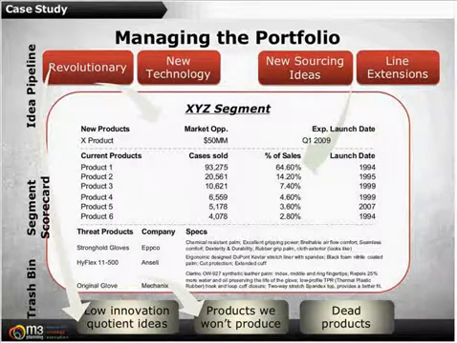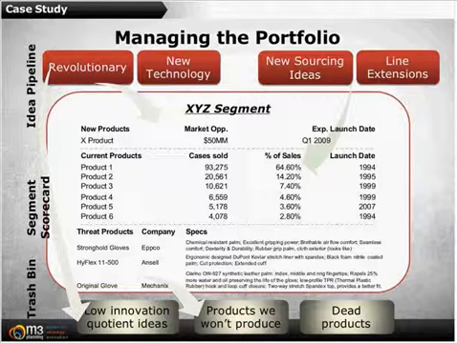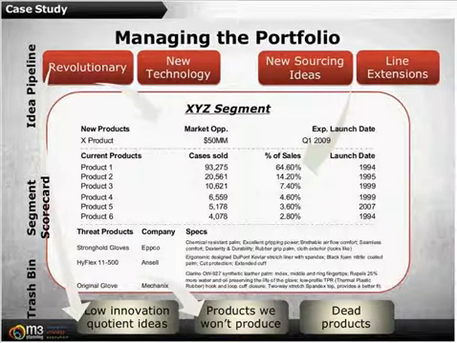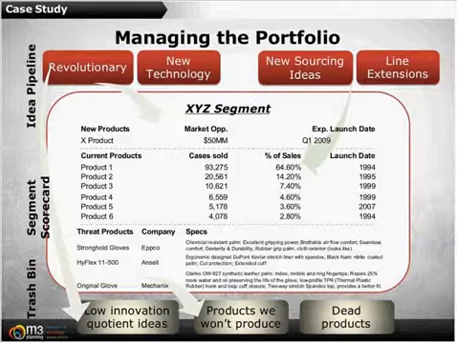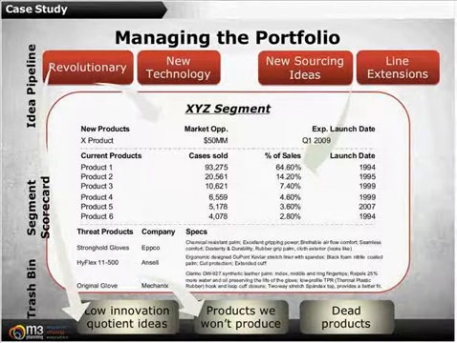And we have our idea pipeline, which goes back to our first phase of the innovation process. Of course, we have some ideas that are revolutionary, some that are new technology, some are new sourcing ideas, and some are line extensions. That goes back to the initial slide in this slide set, which was: where are we getting our ideas from, totally raw and revolutionary to just line extensions from what we already have?